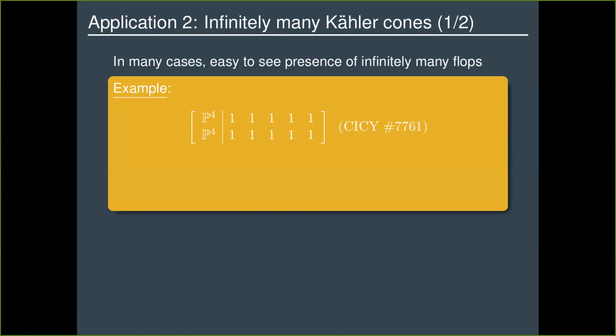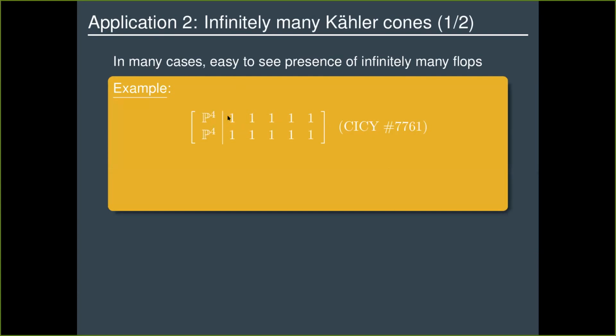Second application is that you see these situations where you get infinitely many Kähler cones. So how do we see this? Infinitely many flops, infinitely many possible Kähler cones, same thing. So here's an example. This one is called 7761 in the CICY list. This is a dimension 2 example, and we have 5 bilinear equations in these 2 P4s.